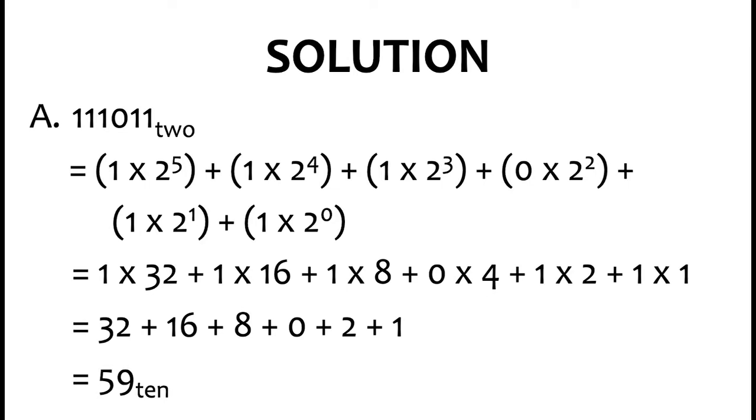Then plus 1 times 2 raised to the power 3, plus 0 times 2 raised to the power 2, plus 1 times 2 raised to the power 1. The last digit is 1 also, 1 times 2 raised to the power 0.